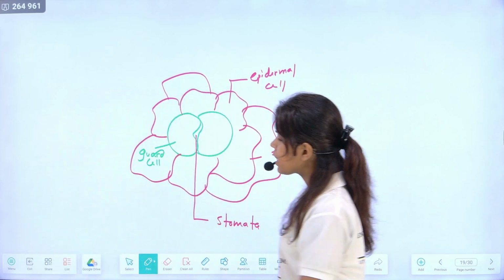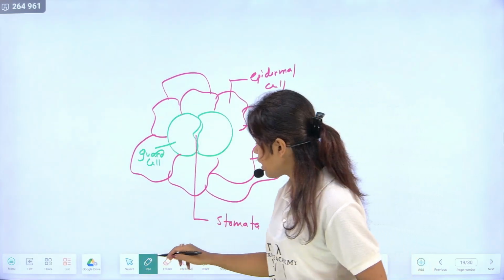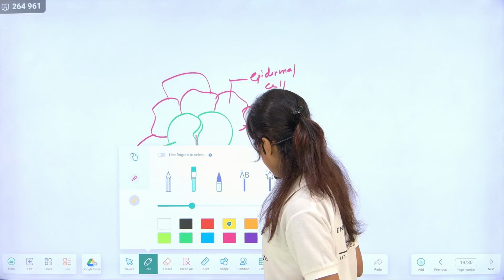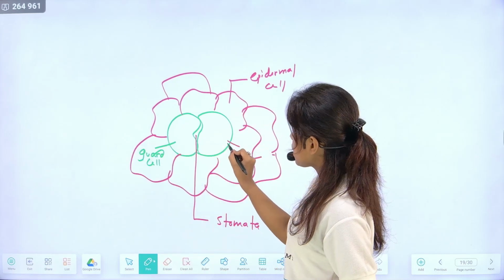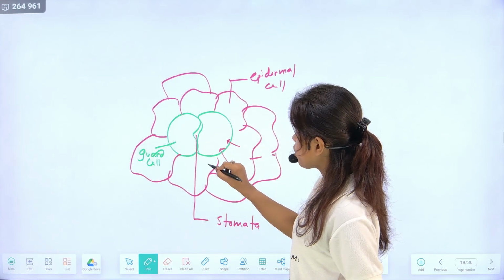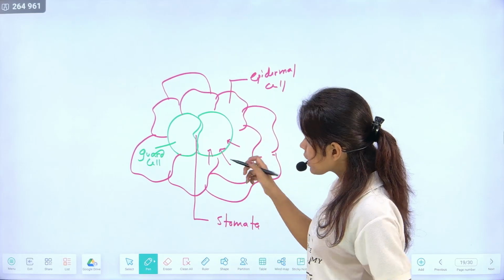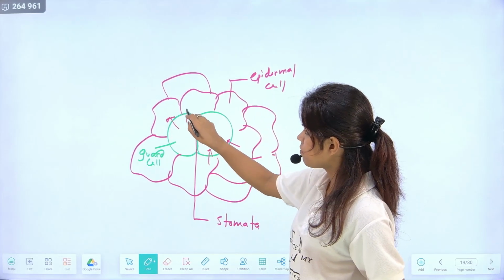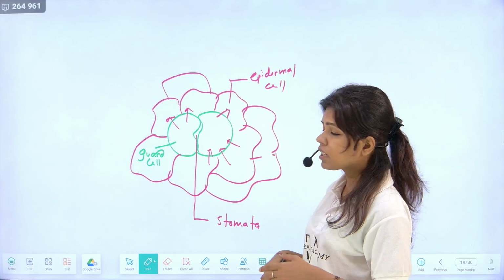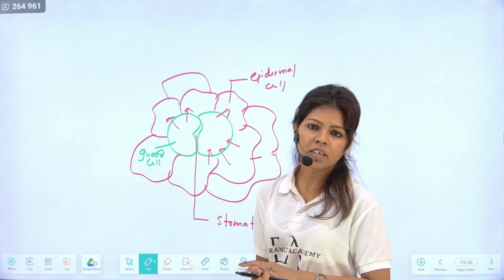When the guard cell becomes turgid by absorbing water molecule from the surrounding cell, the stomata remains open. And when the guard cell loses water, the guard cell will become flaccid and the stomata will be closed.